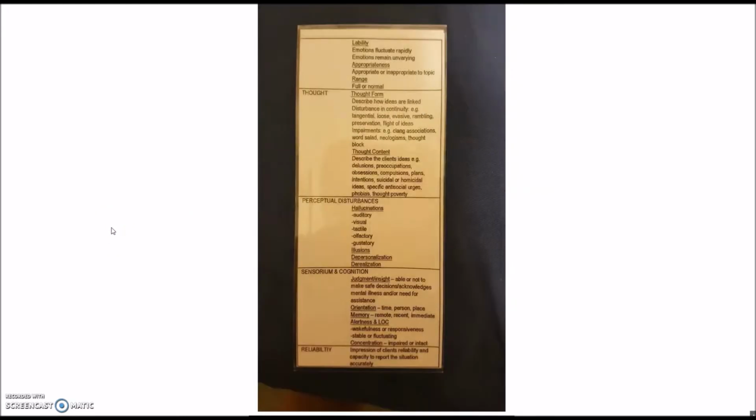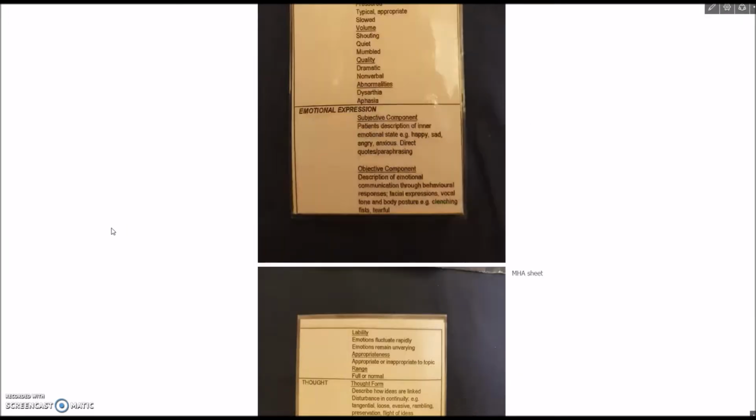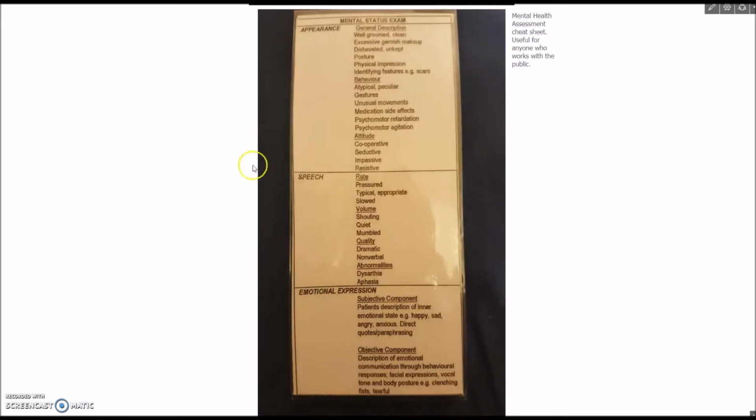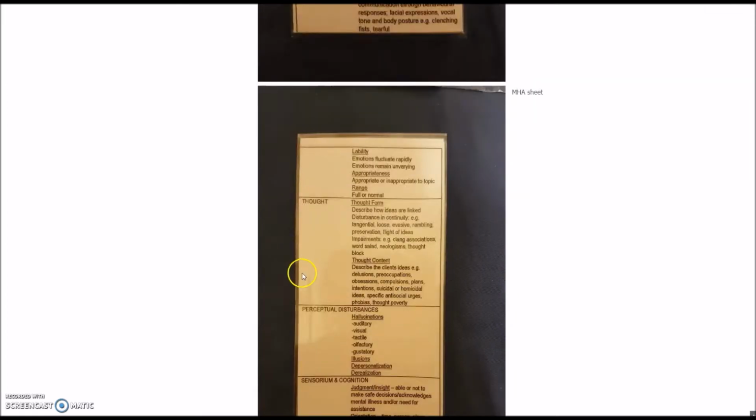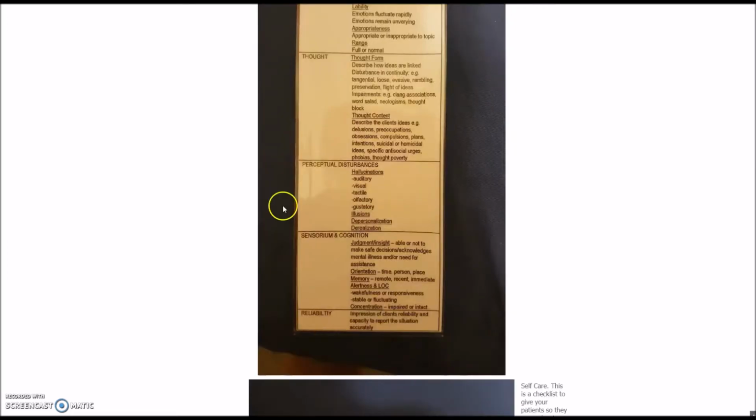Again, with mental health, this is the mental health status assessment cheat sheet that Treva gave us. It just goes over the basics of what you should be looking for when doing a mental health assessment. So it talks about how they look, their rate of speech, their emotional expression, thought pattern, thought form, content, if they're experiencing any hallucinations, how their judgment and cognition is.